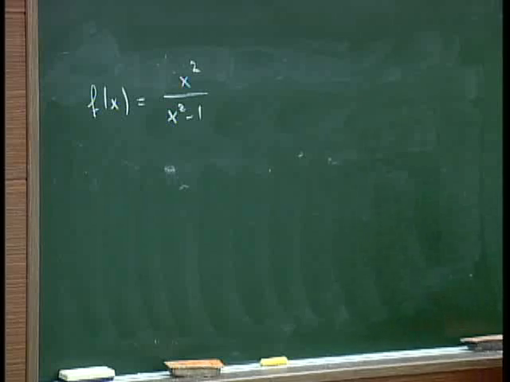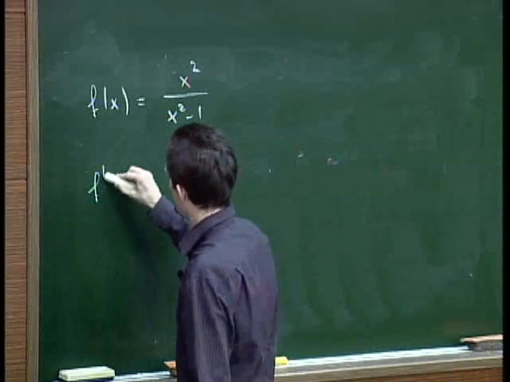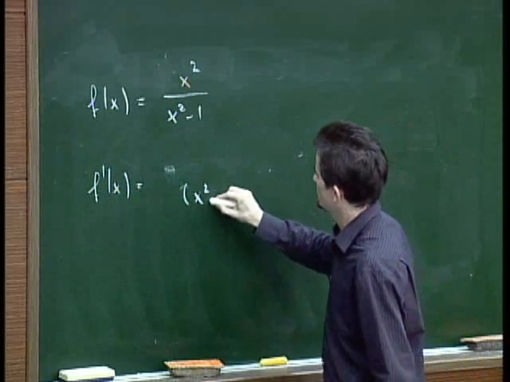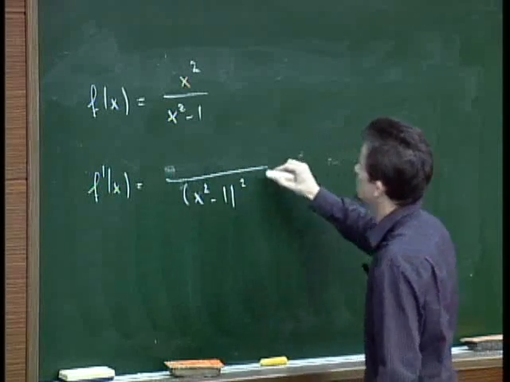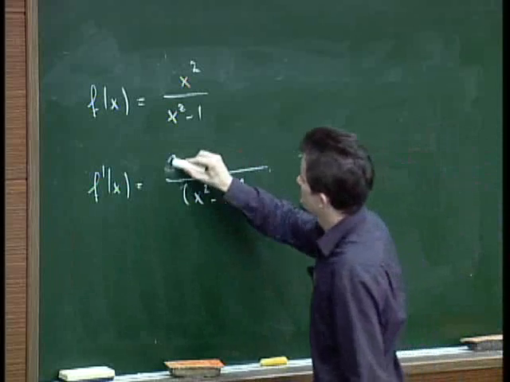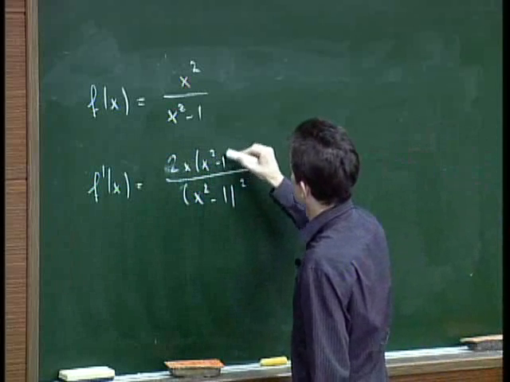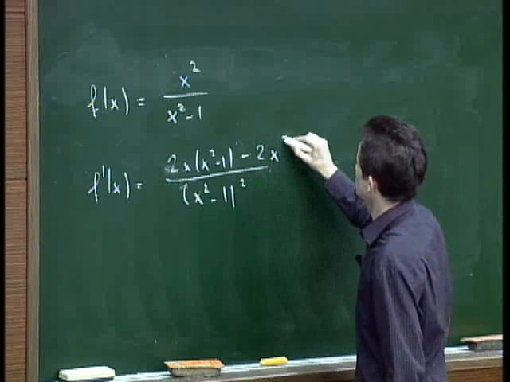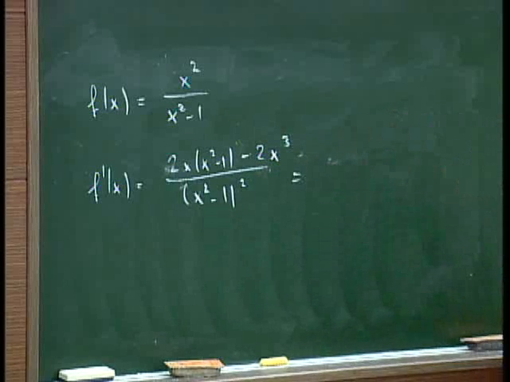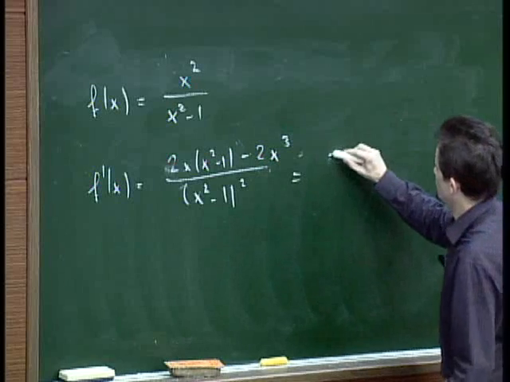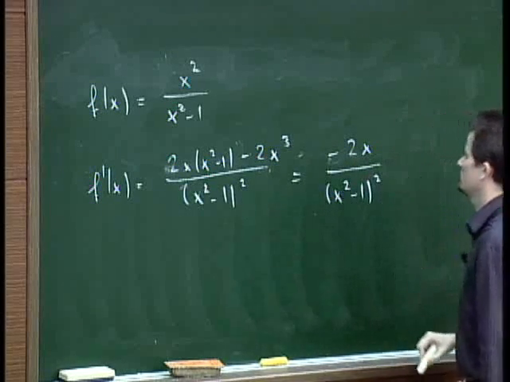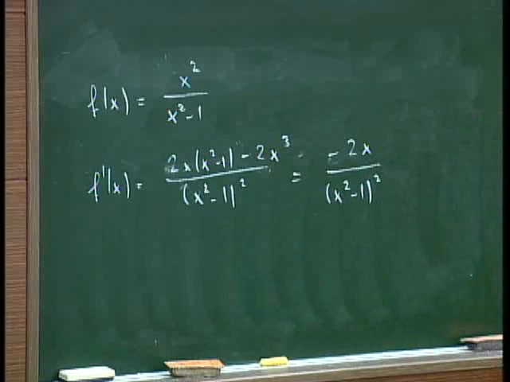For this example, first we have to compute the first derivative. So you have x squared minus 1 squared. Now you have 2x, then minus 2x to the cube, so you have minus 2x over x squared minus 1 squared. You see that, first of all, the function is not defined at minus 1 and 1.